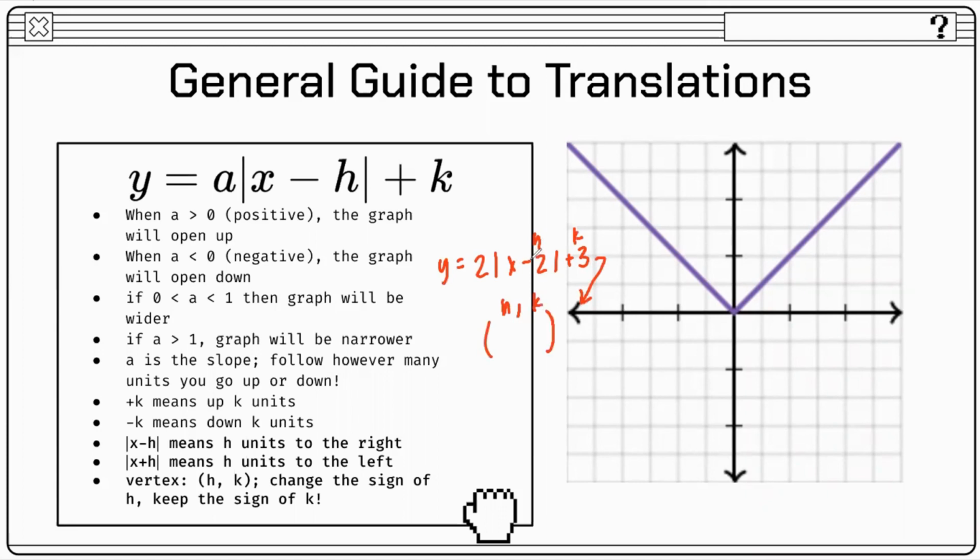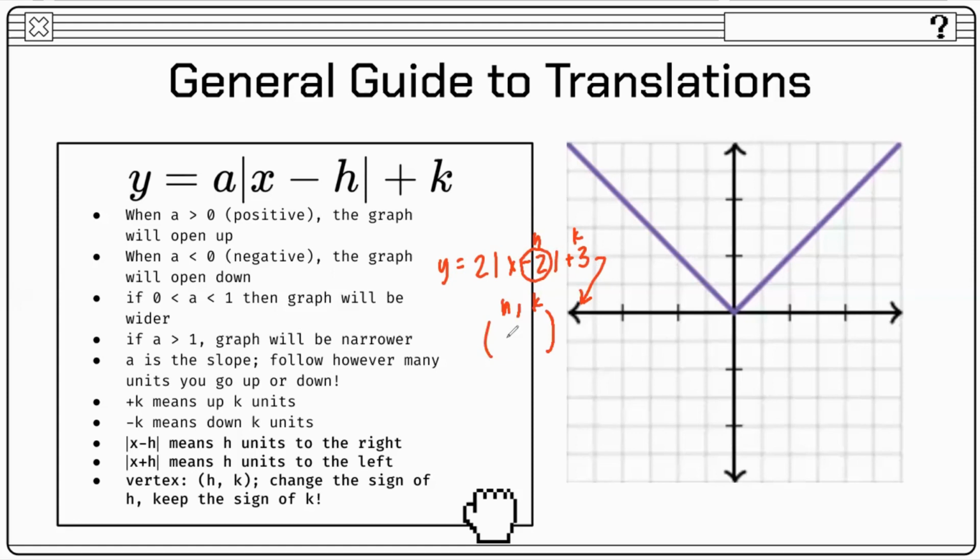Your h value is going to be the one that is either being added or subtracted from x within your absolute value signs. So in this case, it's this -2 right here. And your k value is going to be whatever is added or subtracted outside your absolute value signs, and that would be +3.